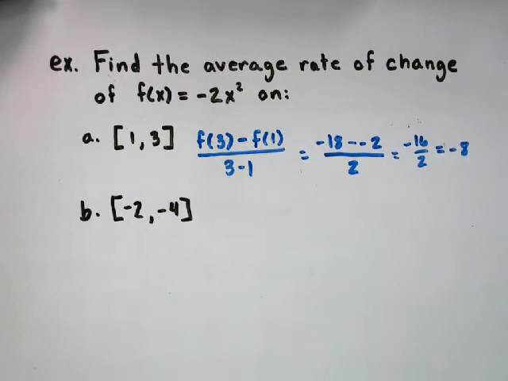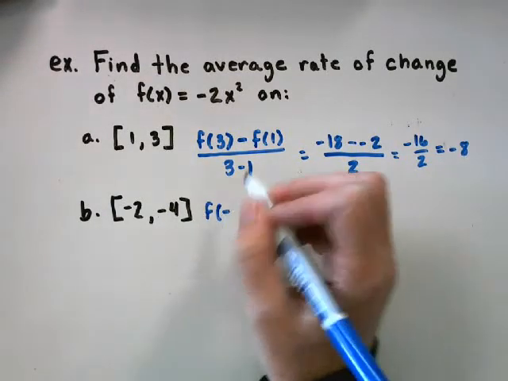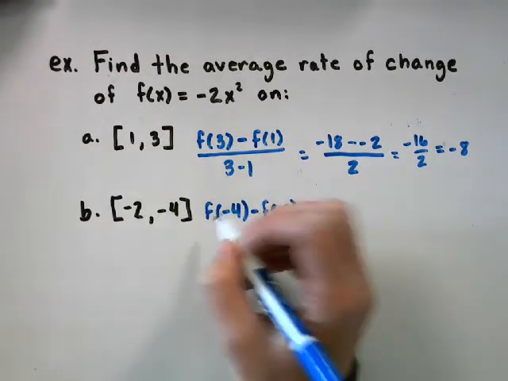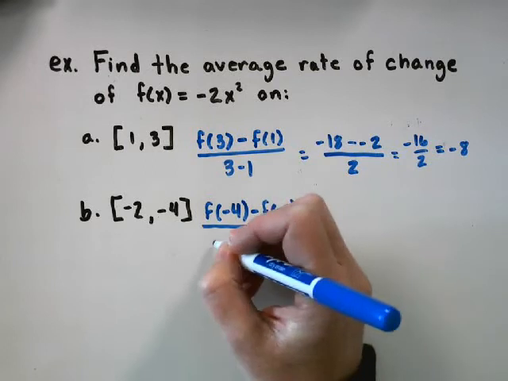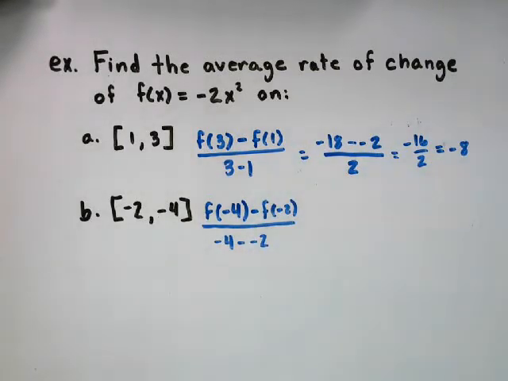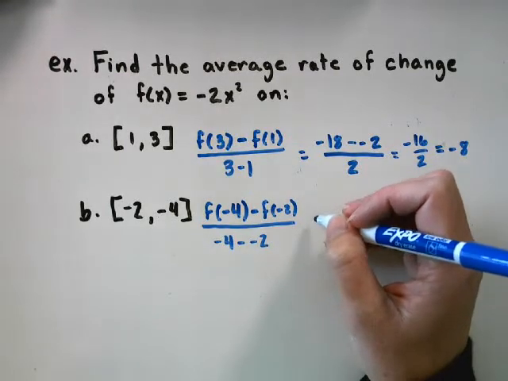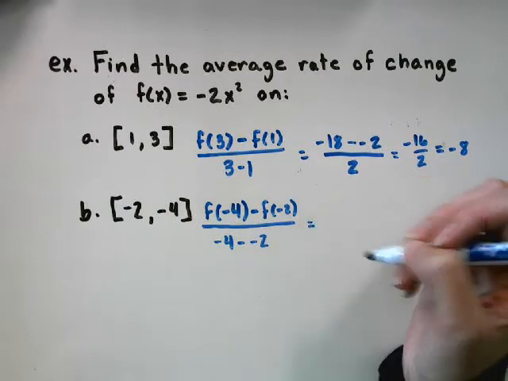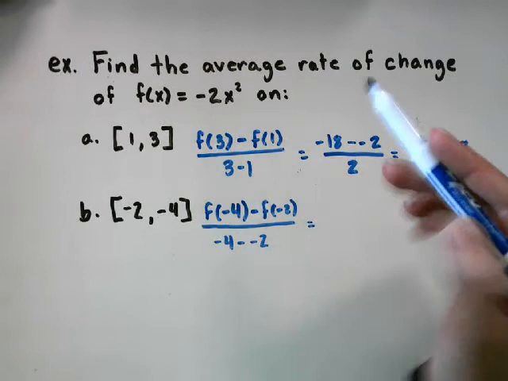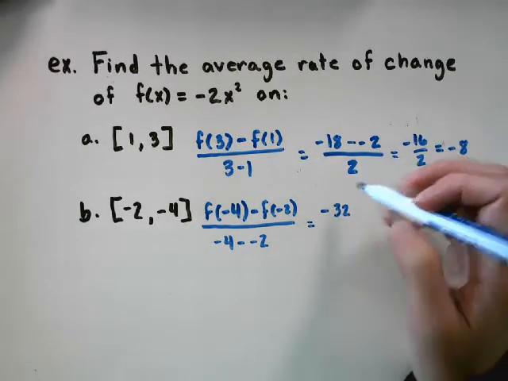Okay, we'll do the same thing. Negative 2 to negative 4. So we're going to have f of negative 4 minus f of negative 2 over negative 4 minus a negative 2. So f of negative 4, we're going to have 16 times negative 2 is a negative 32.